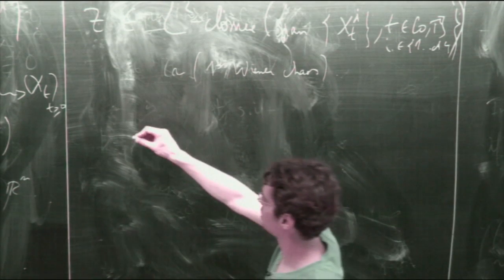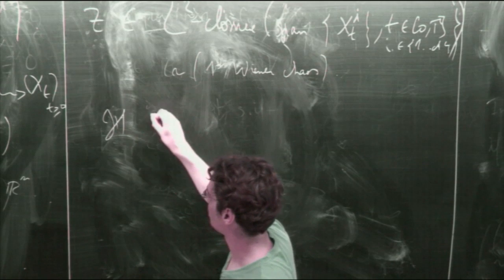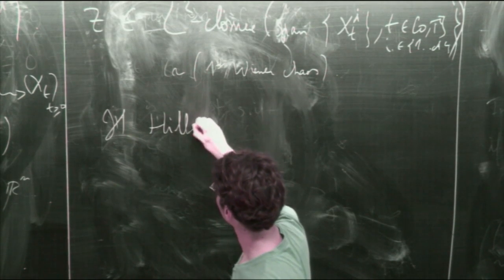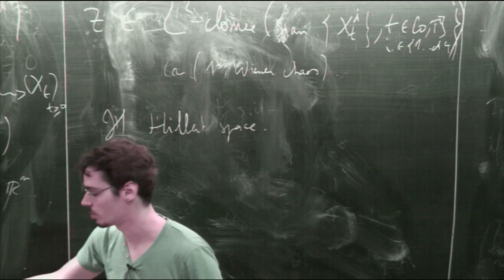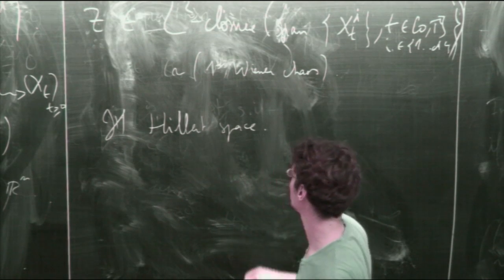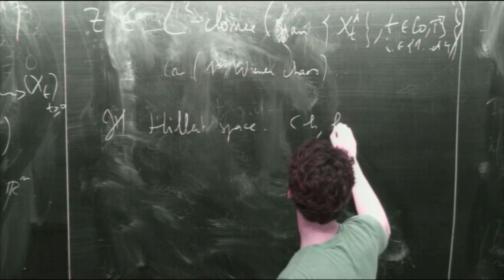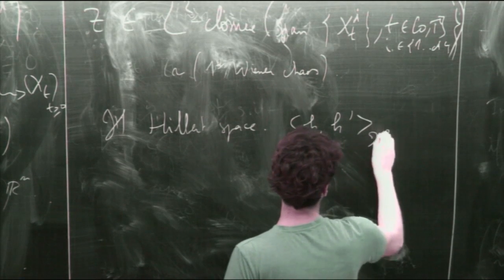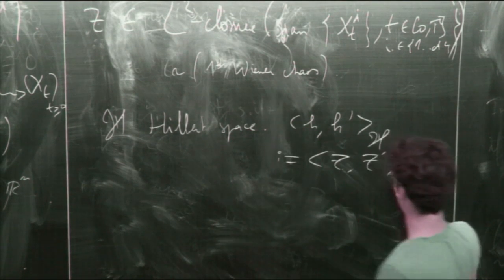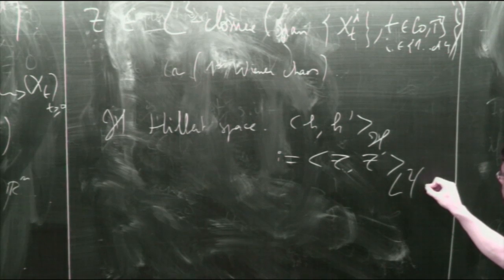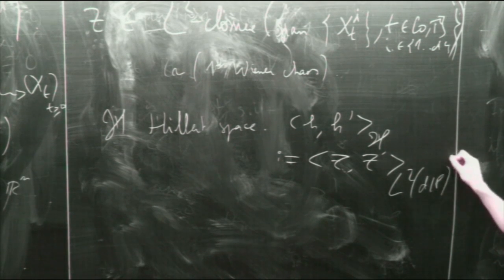And so on H, you can define a Hilbert space structure simply with the scalar product associated in L2 to these random variables. So the scalar product of h and h prime in H is just defined as the expectation of the product between Z and Z prime.